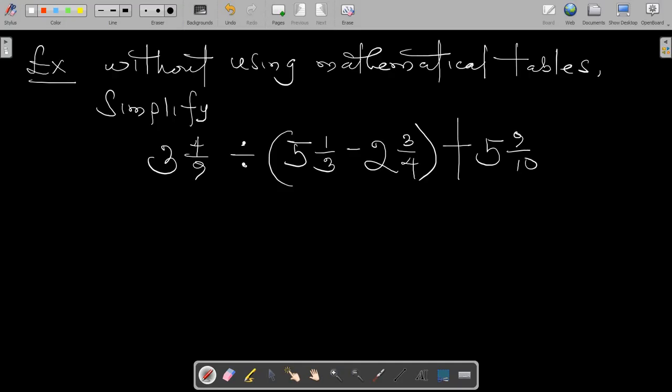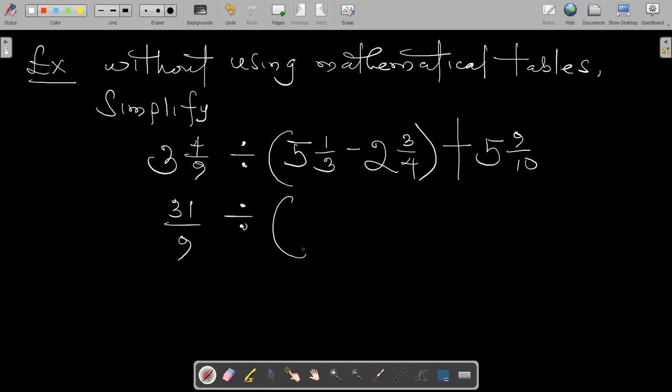Now this is quite easy. Before we start the fraction question, we have to follow the rule of BODMAS. You can see we have brackets here, so we start with the one in the bracket first. But before that, let's change everything to improper fractions. 9 times 3 is 27, 27 plus 4 is 31, so we have 31/9.